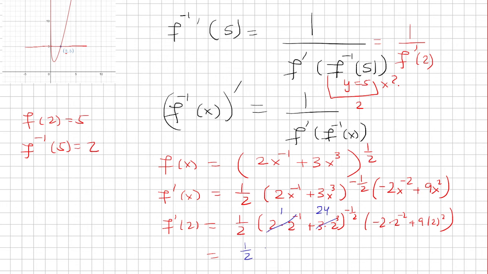So this is 1/2, 1 plus 24 is 25, raised to negative 1/2 power. And then negative 2 times 2 to the negative 2, that's just going to be negative 2 to the negative 1. 2 squared is 4 times 9 is 36. And so this is basically 36 minus 1/2, which is 35.5.